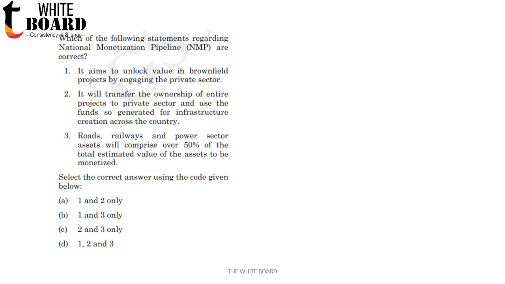Regarding the National Monetization Pipeline, prior to this, the National Infrastructure Pipeline was introduced in, I think, the 2019 or 2018 budget, and to cater to the funds of these projects, the National Monetization Pipeline has been introduced. It aims to unlock value in brownfield projects by engaging the private sector. It is indeed correct.